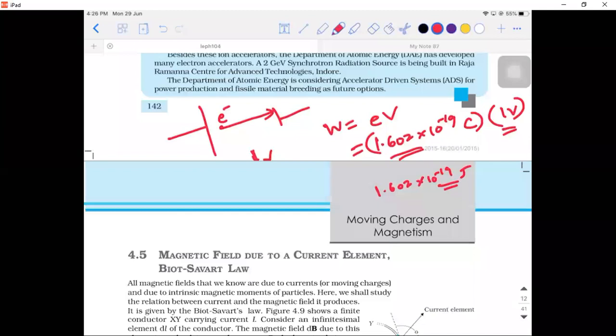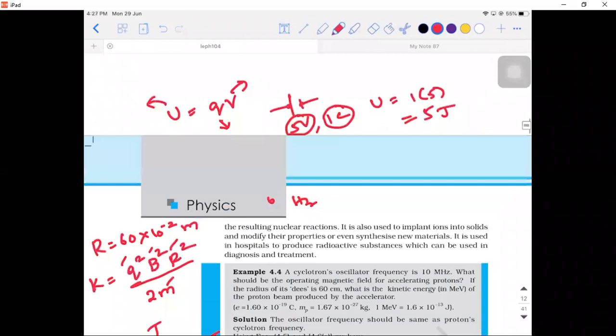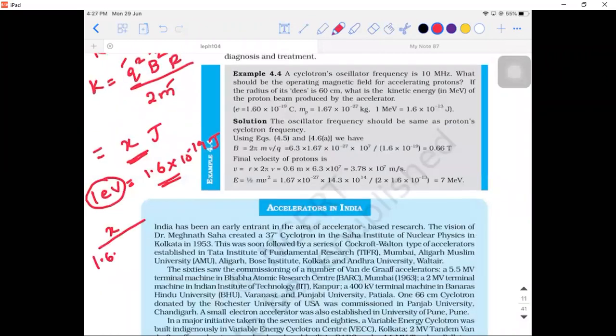If they have started it in your school, you can observe that in the 13th chapter you will have every parameter measured only in terms of electron volt for energy. Now, how do I convert joule to electron volt? Whatever value you get, X should be divided by 1.602 into 10 power minus 19. So these many electron volts, but what are they asking? Are they asking electron volt or mega electron volt?